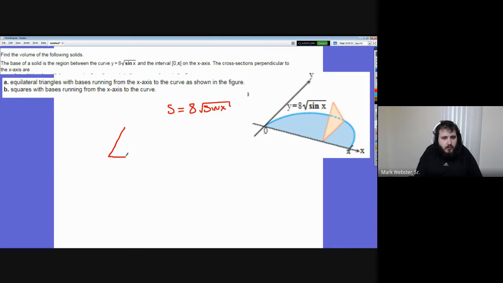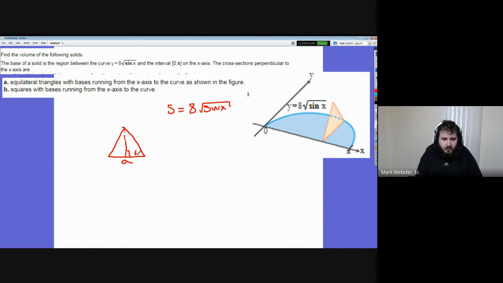So for those of you, you've got that base right there, the height should be radical 3 over 2a, right?